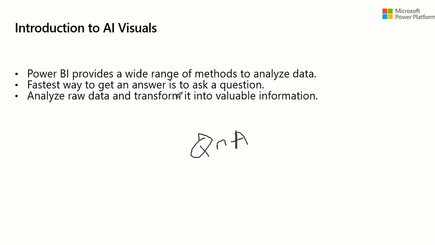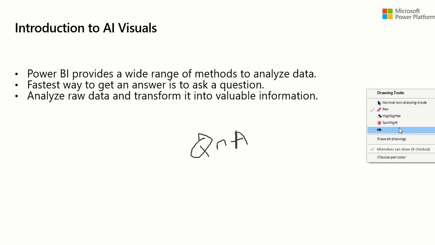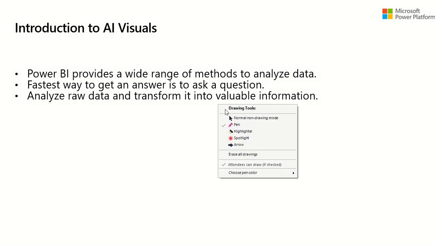So with Q&A, you type in your language, you type in something like sales value, and it will be able to give you suggestions of what you could probably be looking for. So with the AI visual, you can analyze your raw data and also transform it into valuable information.